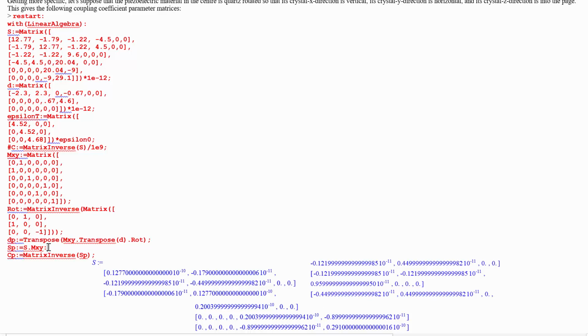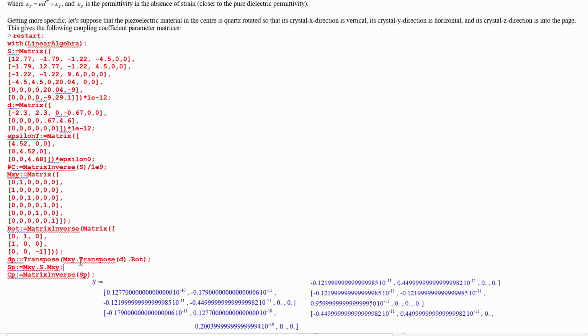Oh, sorry, there's a mistake here. Not just right multiplying, also left multiplying by the mirror matrix. So SP is the mirror matrix dotted with compliance, dotted with the mirror matrix. This is matrix multiplication here in Maple syntax. And the new piezoelectric matrix is mirror matrix transpose of D, and then the rotation matrix.